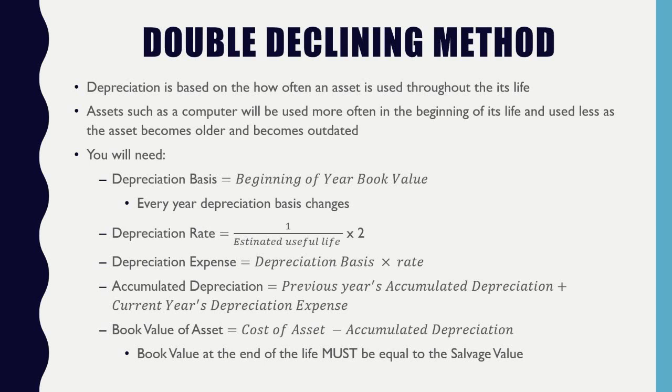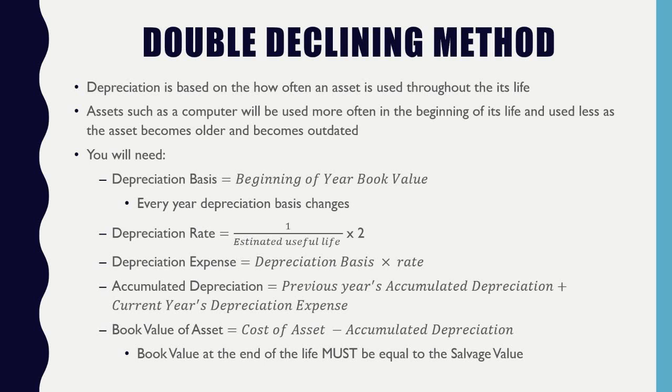And then your depreciation expense is going to be your depreciation basis times the depreciation rate. So because the depreciation basis is changing every single year, and then you multiply it by the rate, you can expect that you're going to be cutting the value almost in half, or twice as much, every single time.